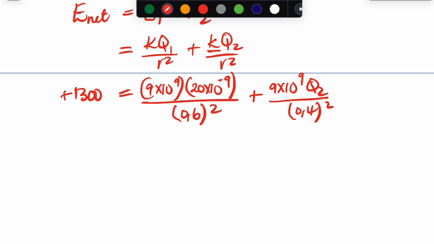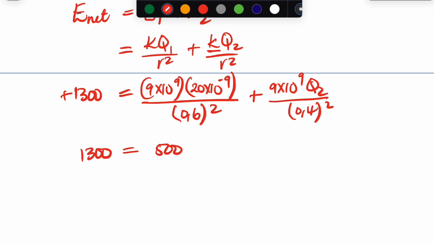So if you punch this in the calculator, what is it going to be? 500. And then you have 1300 there.